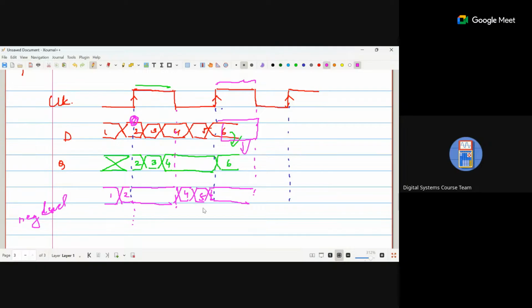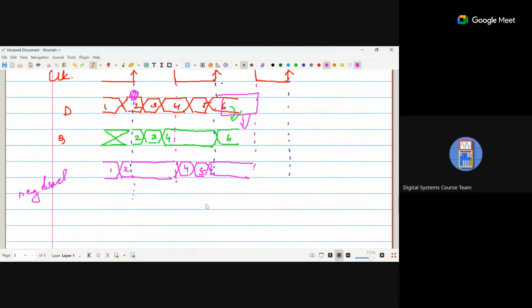So if you see from this entire image, when clock is equal to 1, we are talking about positive, you will have q equal to whatever is given in d, and when clock is 0, your next state will be the same as the previous state.